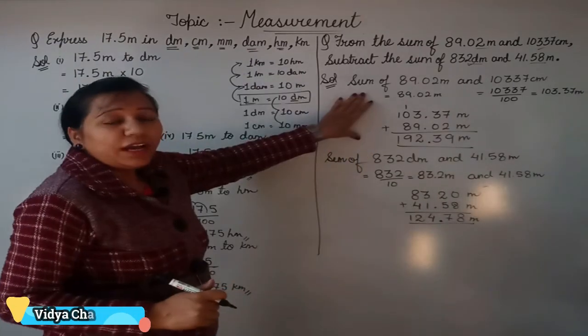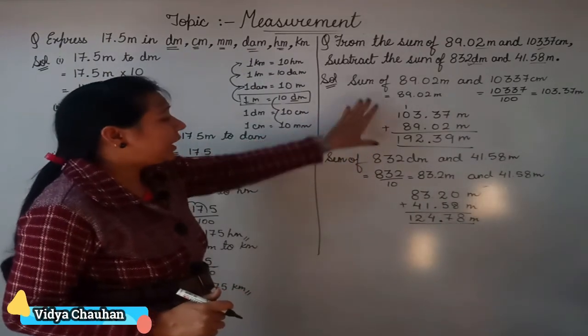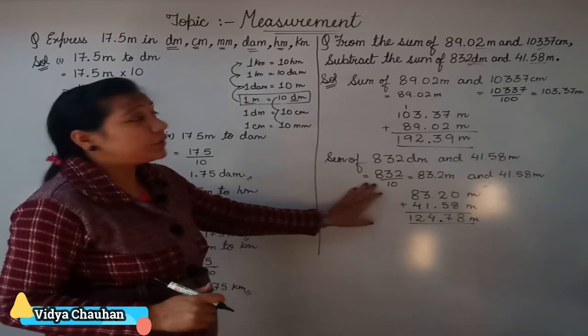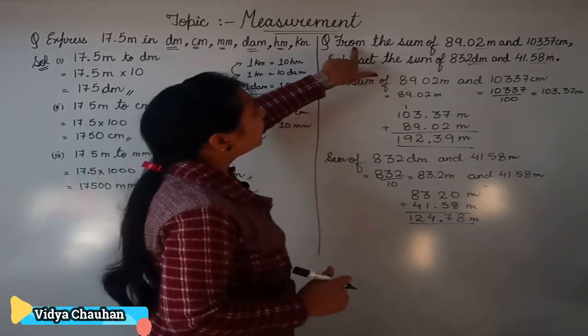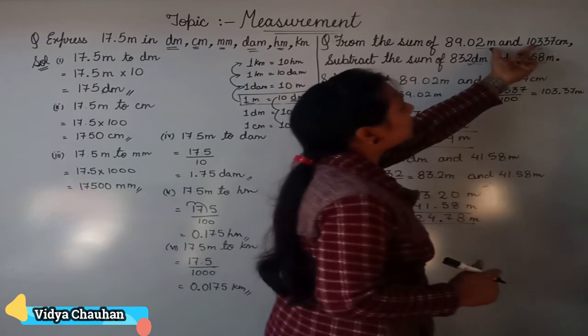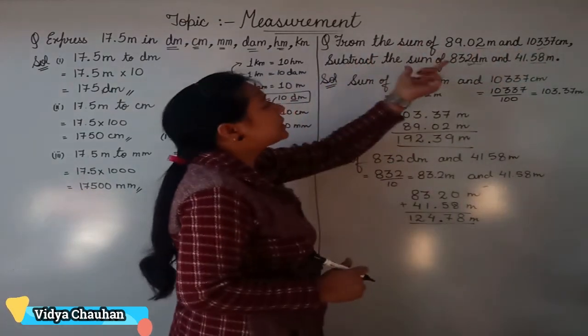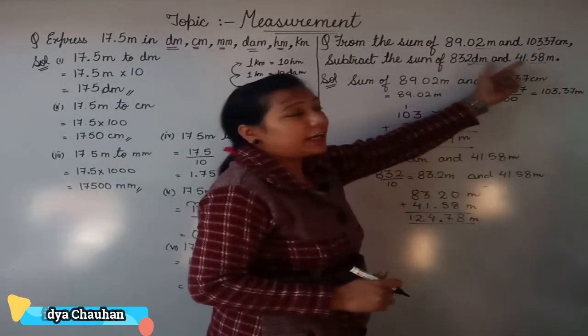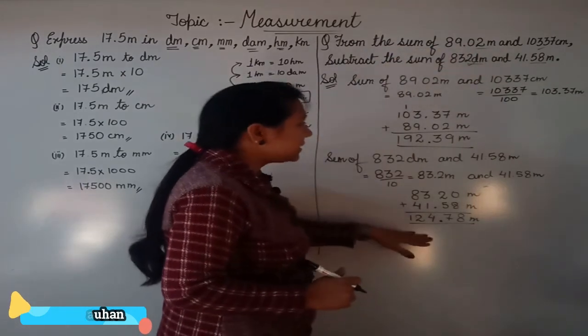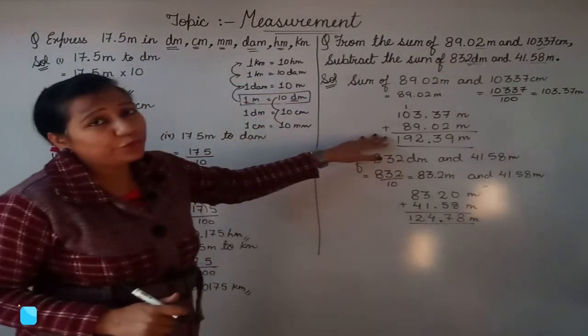Till now we have done the sum of the first two values and the sum of the next two values. Now according to the question, from the sum of the first two values, subtract the sum of the next two values. That means we have to subtract the second value from the first one.